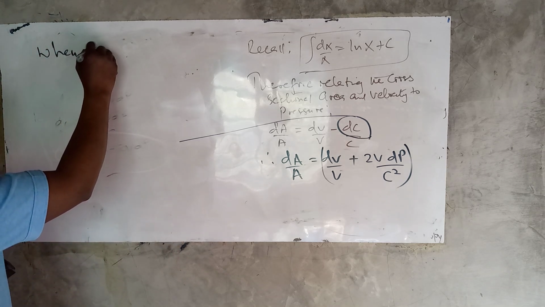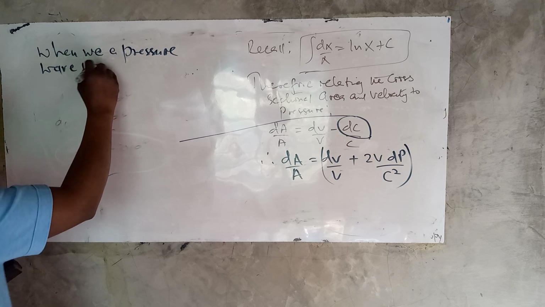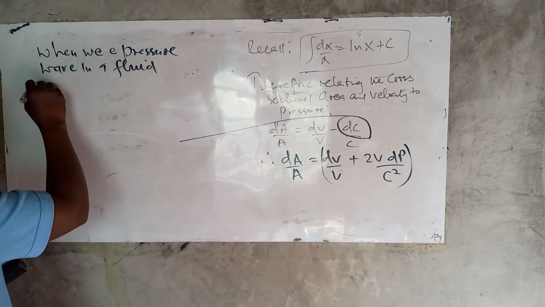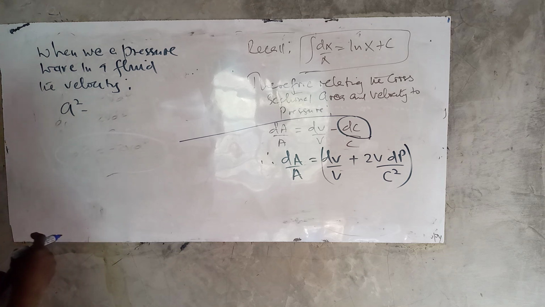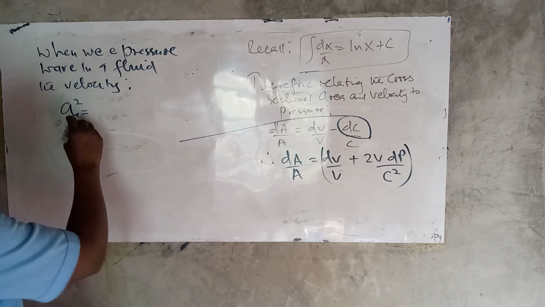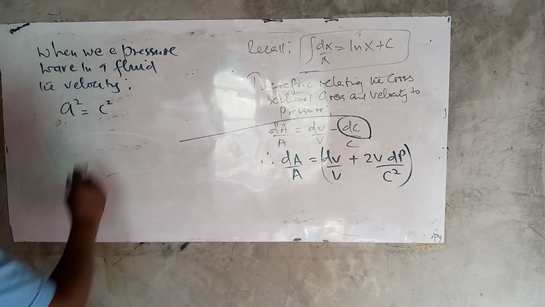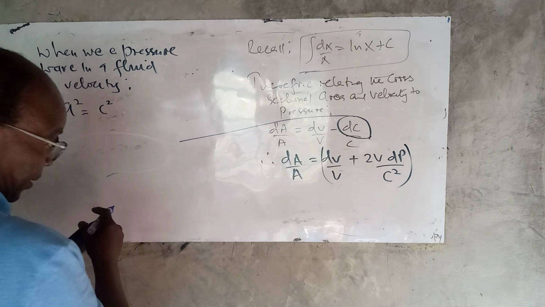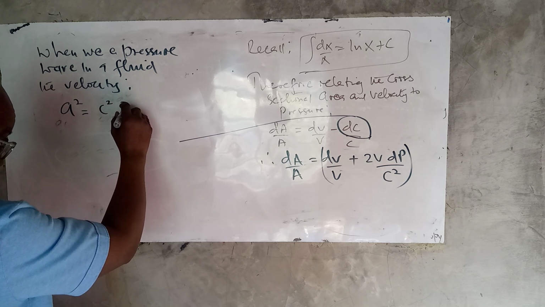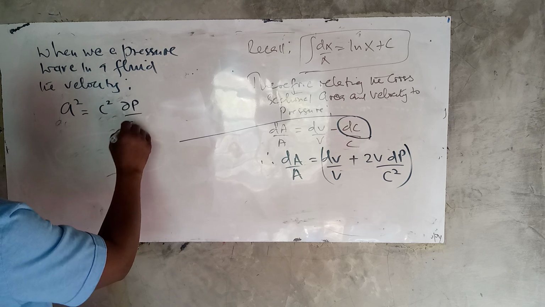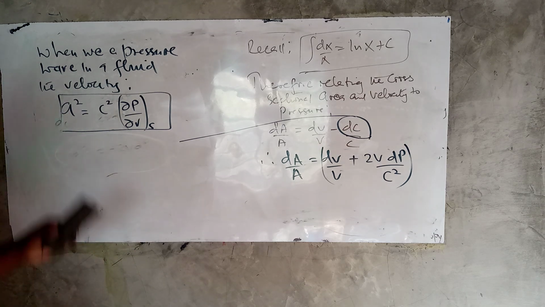When we have a pressure wave in a fluid, the velocity is given by a squared, which is C squared, equal to del P over del V at constant entropy. So that's just a definition we have there.